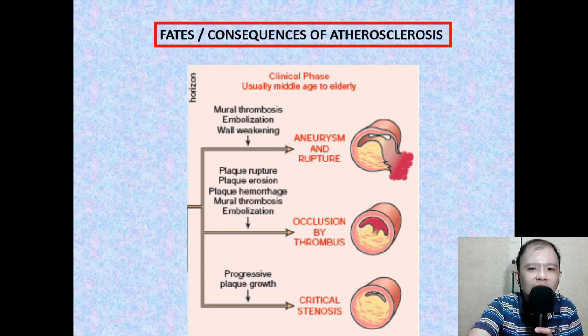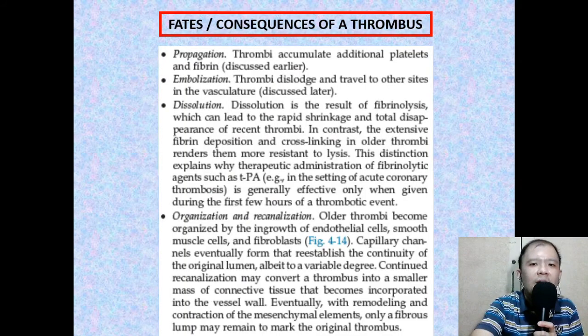Next, what's another fate? You see plaque hemorrhage, bleeding. So there might not be a formation of a thrombus, but a bleeding. Okay. Next, if there is no thrombus formation, you will still have progression of this atheromatous plaque, which leads to a critical stenosis, which can still lead to heart attack.